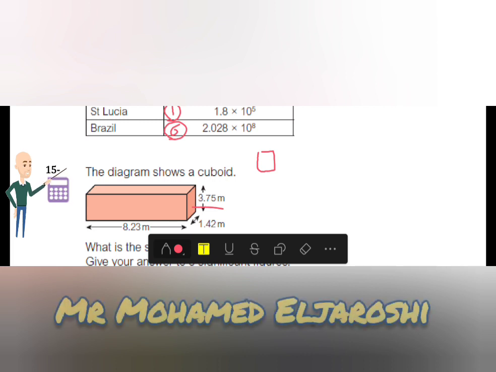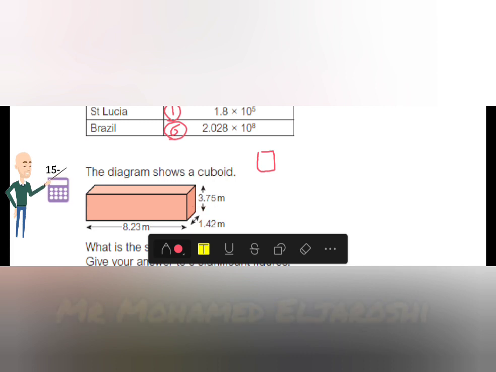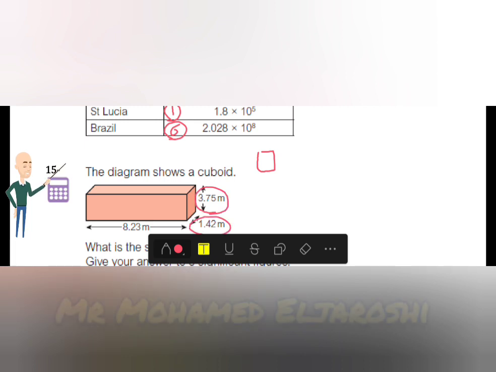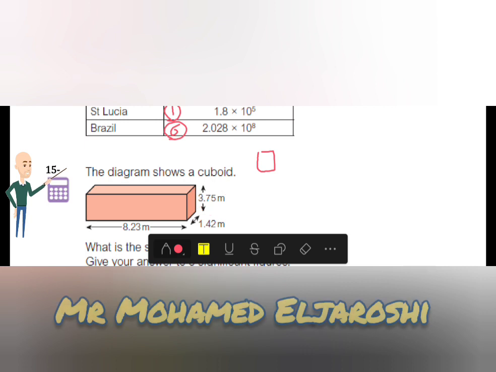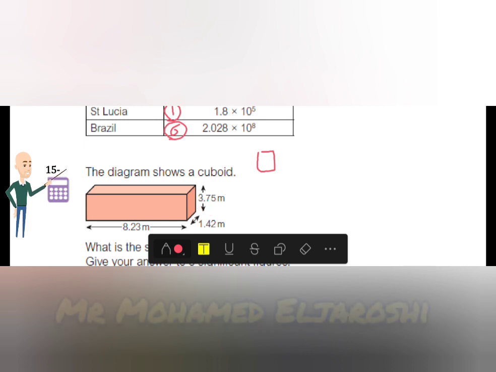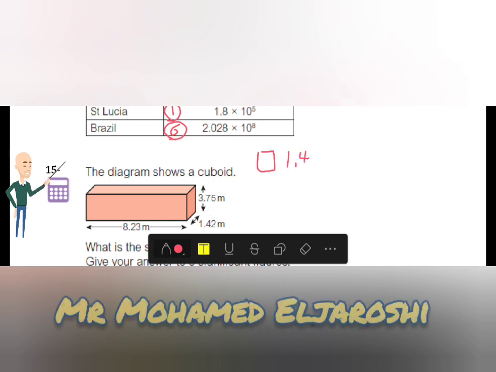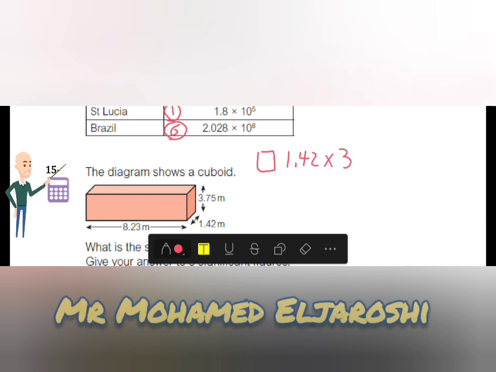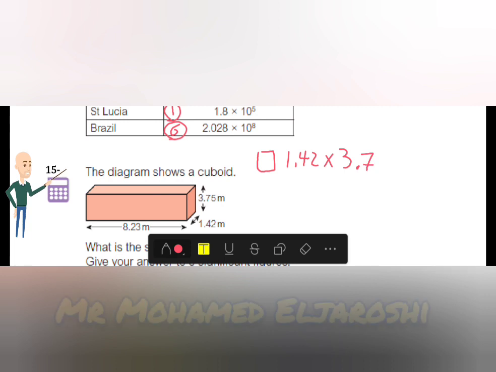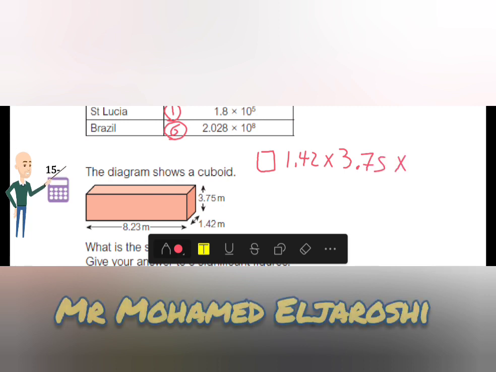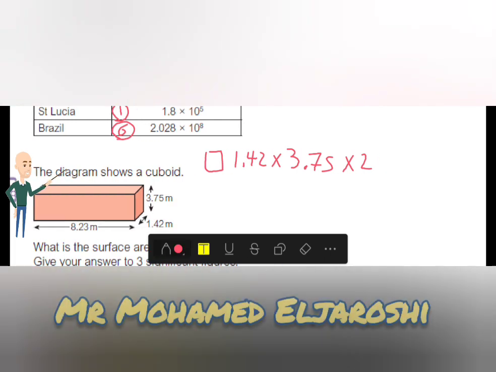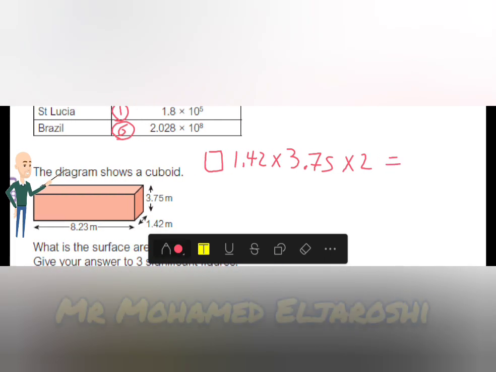Now for the squares, we find the area. The area is what? Very good. The length multiplied by the width. So the area is 1.42 multiplied by the width, which is 3.75. And then we multiply by 2 because we have two squares, and we will get the answer.